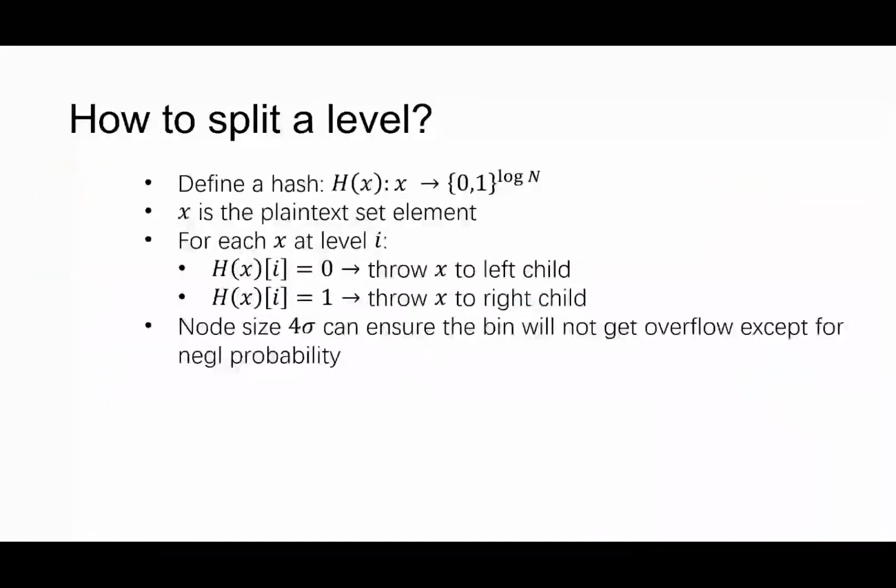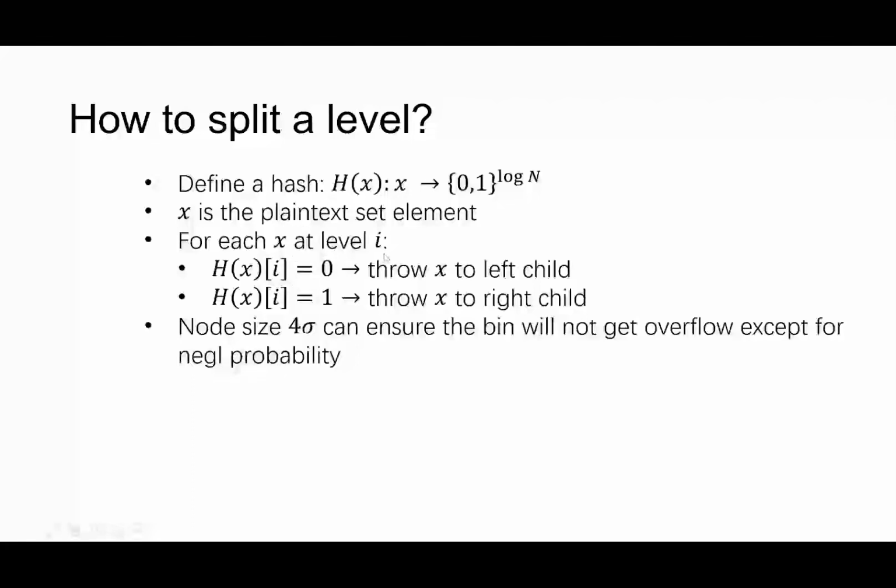So now the question is how to define split. It's actually quite easy, because the purpose of split is to randomly throw elements into the left and right child. We can define a random hash function h(x) that maps element x to a 0-1 string, where x is a plaintext, not a ciphertext.